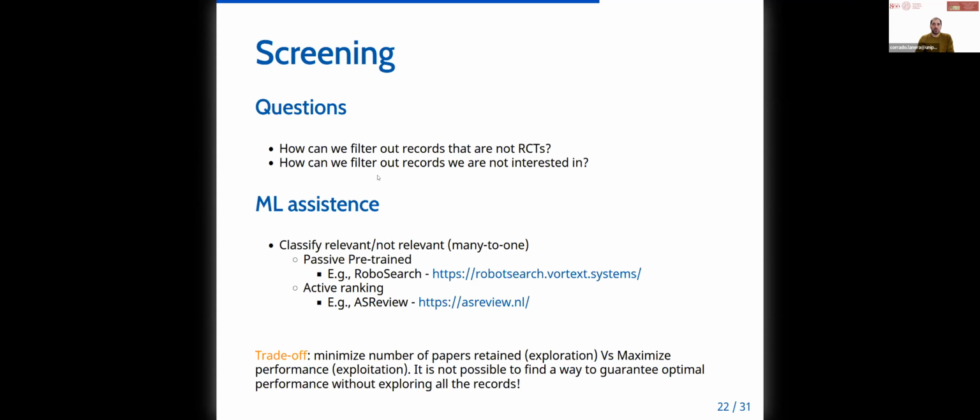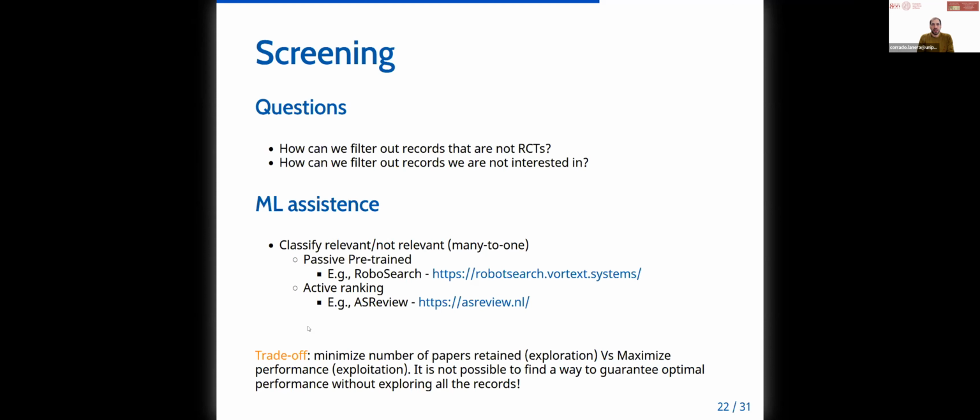For both of those aspects you have instruments, and in the first case, for example, when you want to exclude non-clinical trial studies, you have tools that work very well.